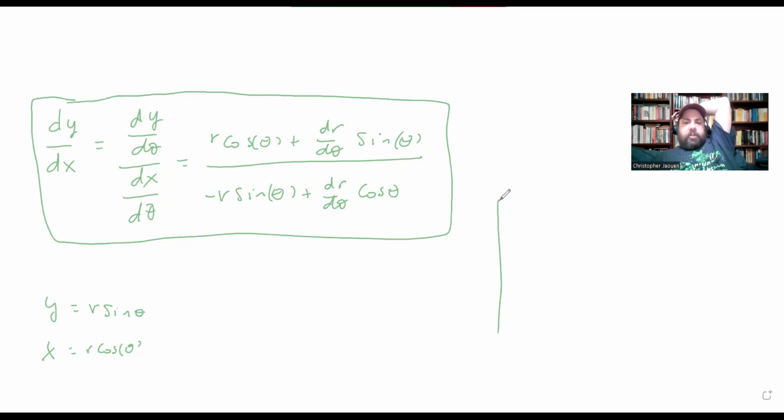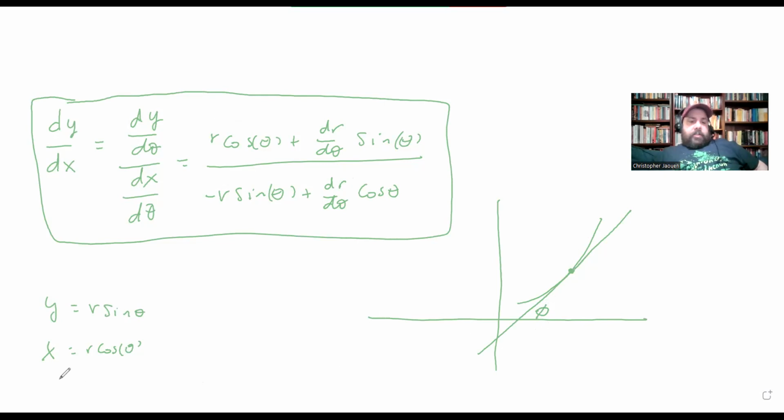So this is the expression for the slope of the tangent line with respect to the x-axis. So just drawing the picture here, let's say that this is your curve, this is the point, this is the tangent line, this is the angle phi that the tangent line makes with the x-axis. So that means that tangent of phi is dy dx, which is given by this complicated looking expression here.